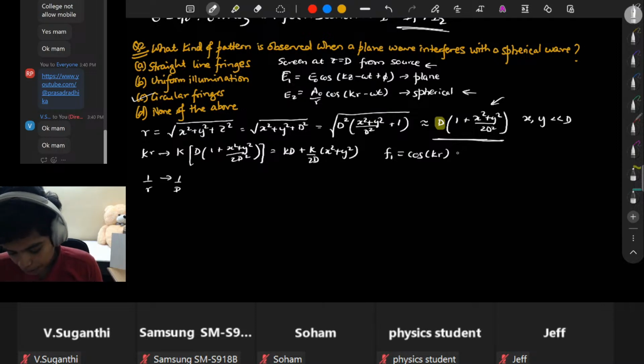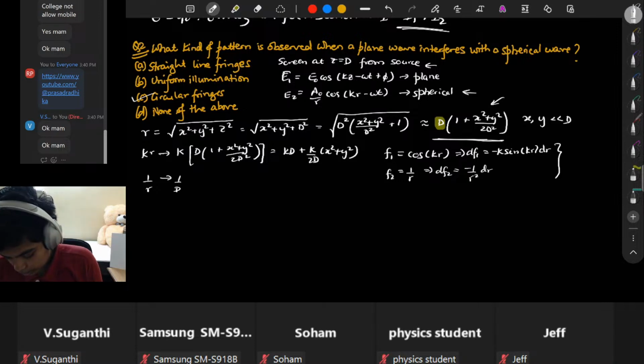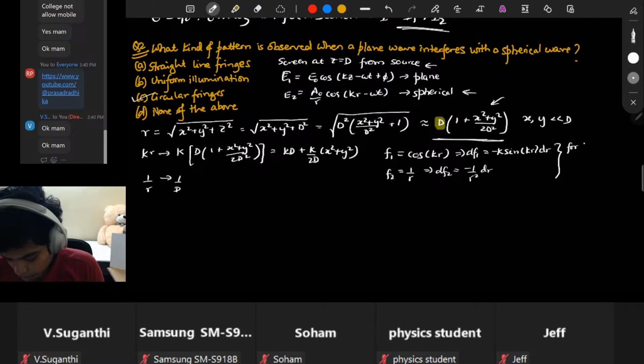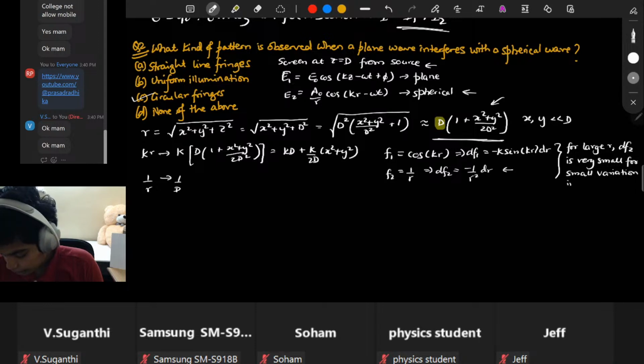For this we can write down the differential: df1 is minus k sine kr dr. If we take the second function as 1 over r, then the differential is minus 1 over r squared dr. What you can see from these two is that for large values of r, df2, which is this one, is very small for small variations in r. But what happens to df1?